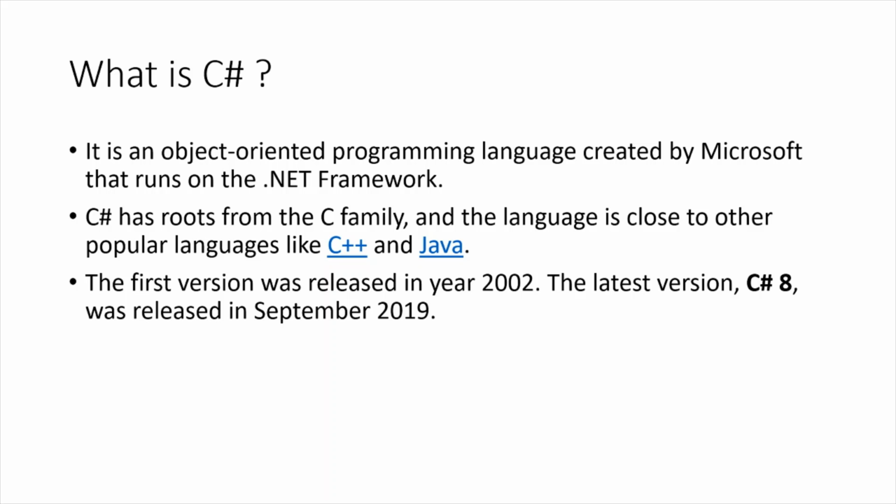So what is C Sharp? It is an object-oriented programming language created by Microsoft that runs on the .NET framework. Then you will have a question in your mind, what is the .NET framework? For now, I would suggest you let it go. And if you don't want to let it go, then the .NET framework is just a simple framework providing a base for your code.